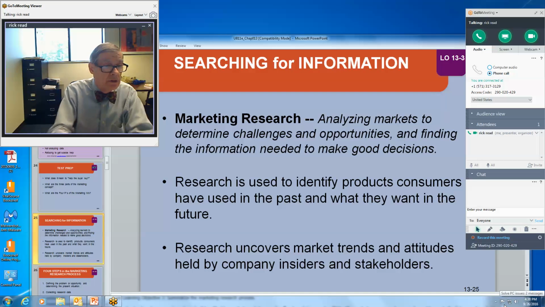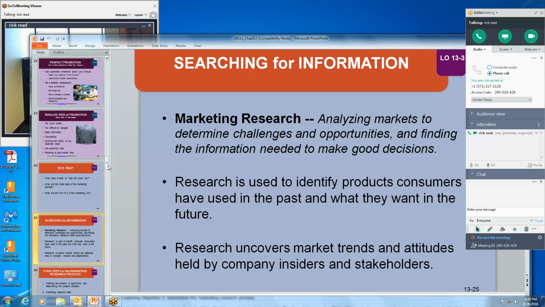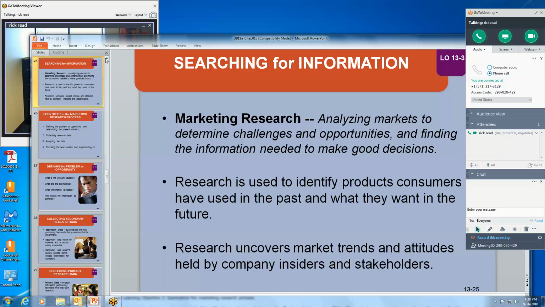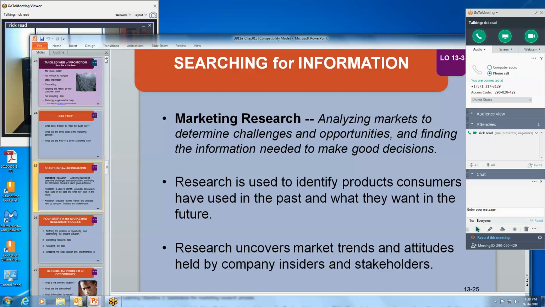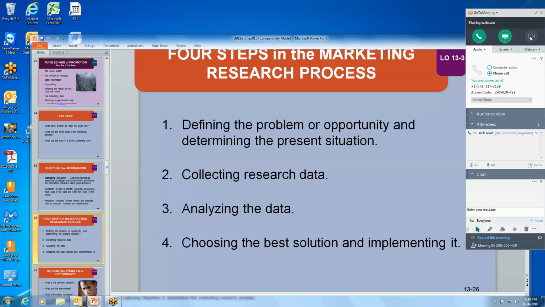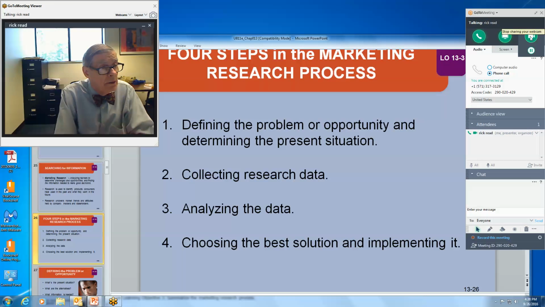And then notice it also uncovers or can uncover attitudes held by the company insiders and stakeholders. Sometimes one of the things that holds marketing back, if you will, is the very people who are in charge of the organization making the product and bringing it to people for sale.